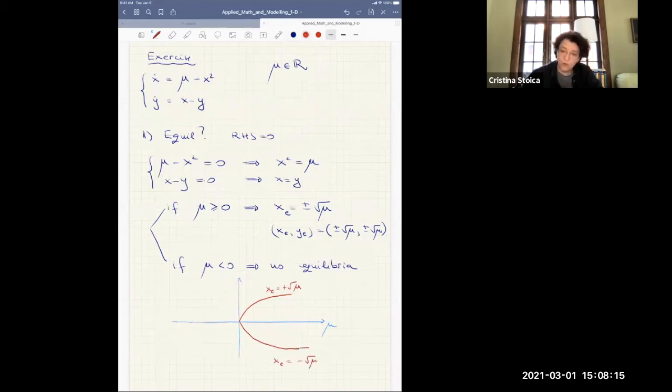These are branches of equilibria, so we can say x_e1 and x_e2, because there are two branches. And no equilibria when mu is negative. So there we go. For every fixed positive mu, you're going to have two equilibria. And basically at mu equals 0, there is a bifurcation going on.